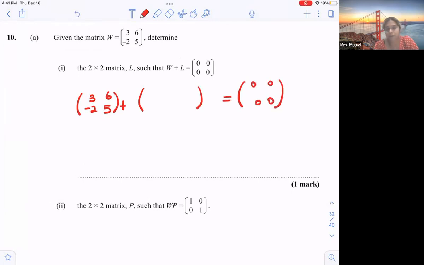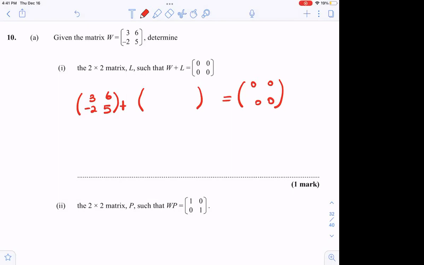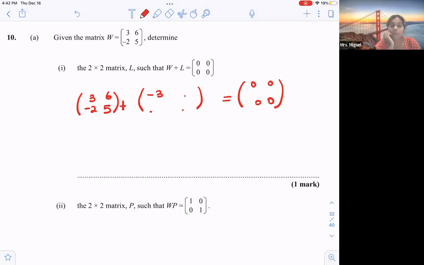So what number, when we add to 3, will give 0? 3 take away how much will give us 0? Minus 3. So fill in these values for me. 6 minus how much will give you 0?